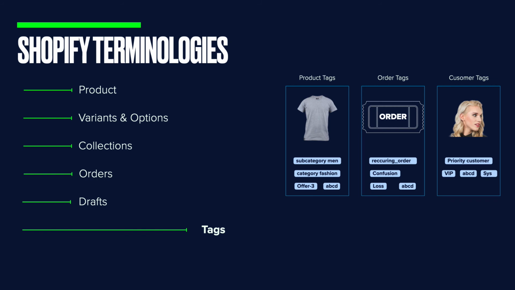When we create an order and we get money by hand, while creating the order we will give it a tag called cash payment. And when we get an order via credit card, we will add another tag called credit card payment. So when we are creating a report, we will tell Shopify, show me all orders which have the tag cash payment, and you will get every order that comes under cash payment.